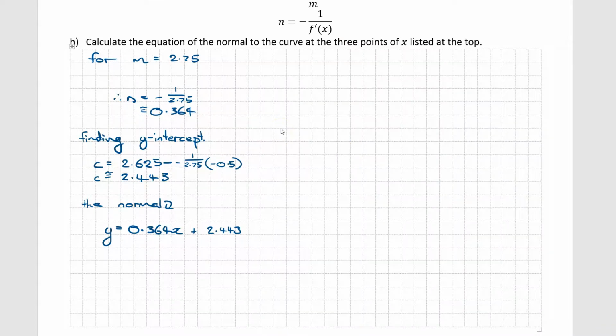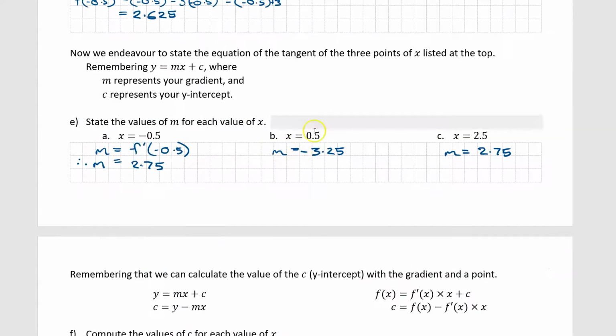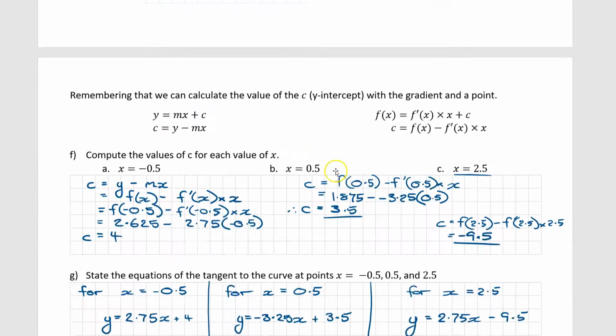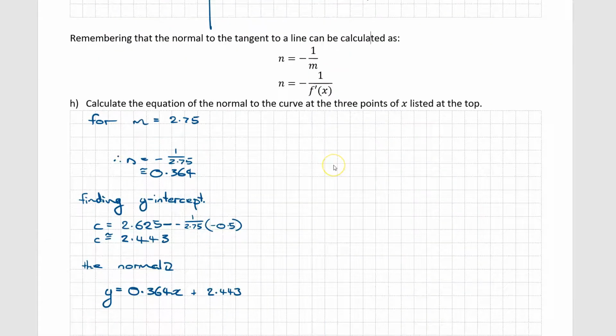So if we recall, the gradient for positive 0.5 is negative 3.25, and the normal is going to equal negative minus 3.25 over 1.